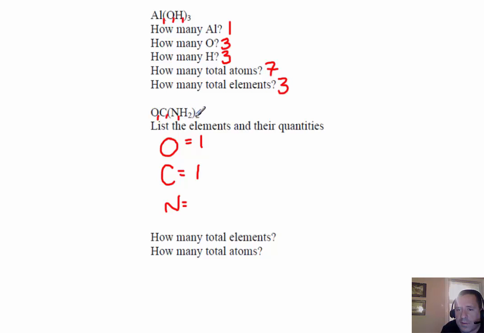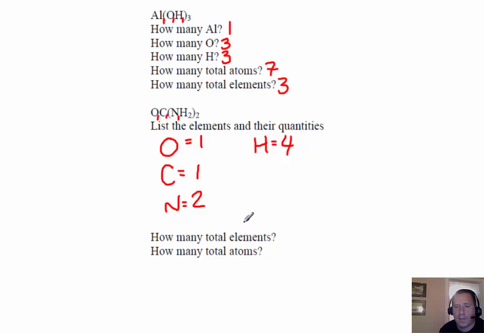Is there parentheses? Yes. 1 times 2. Is there a coefficient? No. And finally, H, subscript of 2, parentheses 2. 2 times 2 is 4. Is there a coefficient? No. So 4 is all we have.